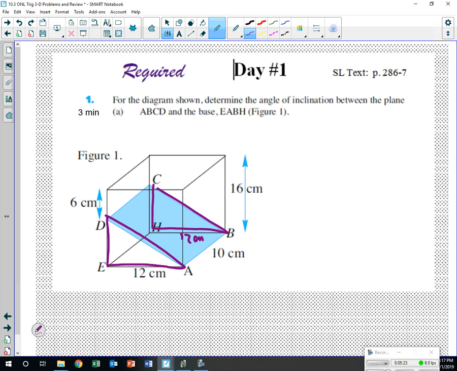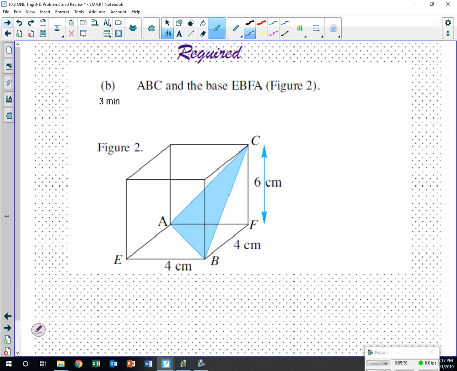They're both going to be, if this whole thing is 16 and this is 6, this will be 10 centimeters, 10 centimeters. You can see it won't matter if you're looking for this angle theta if you do the front one or the back one. But if you do something like this, these angles are going to be very different.